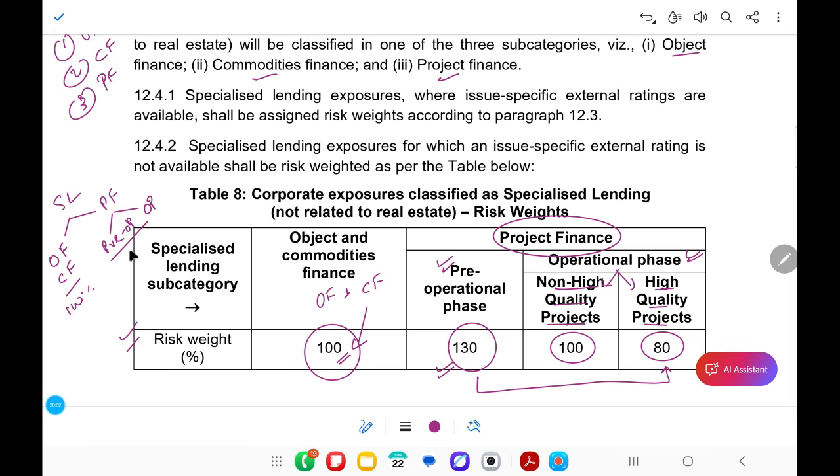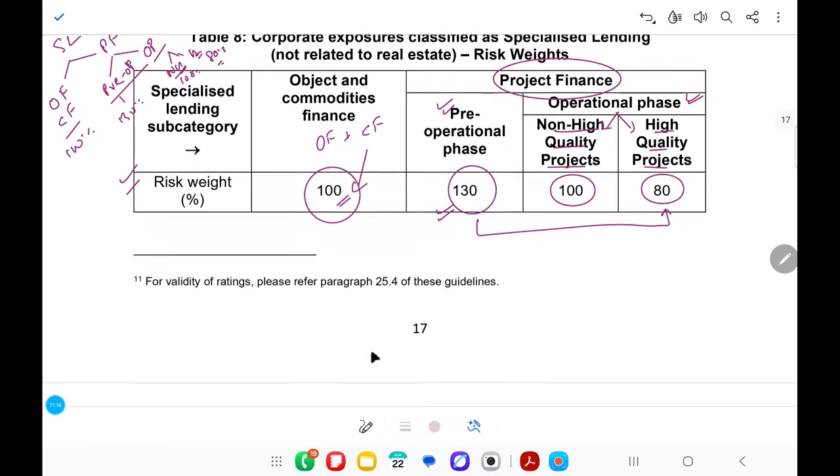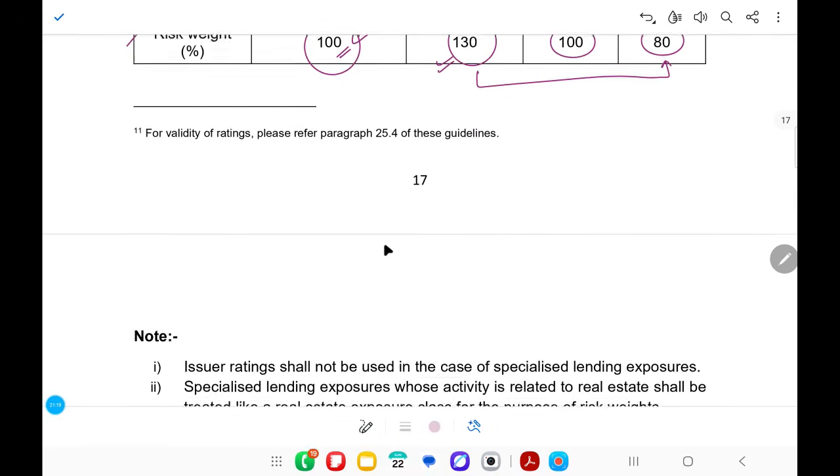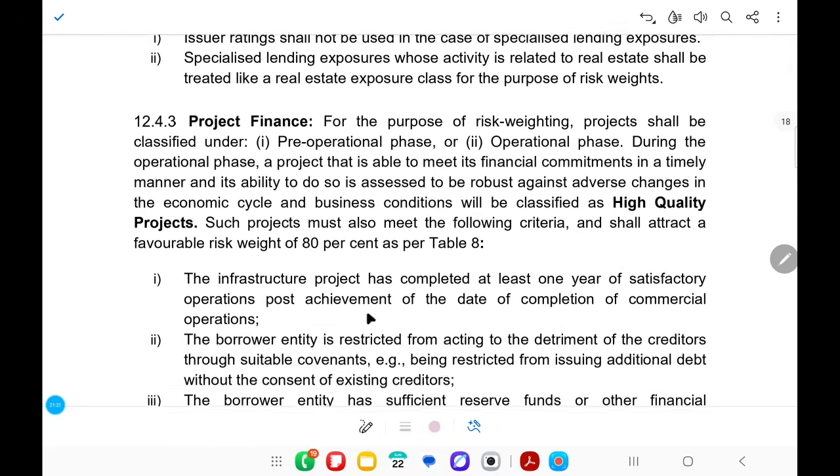Under pre-operational, it is 130%, and under operational, it is further divided into two categories: non-high quality projects at 100%, and high quality projects at 80%. A simple question arises here: when is a project called high quality and when is it called non-high quality?